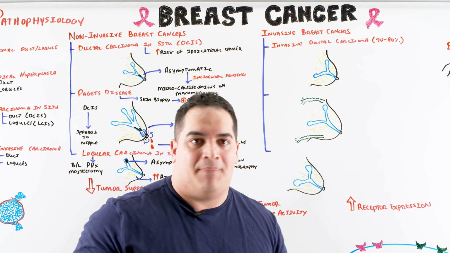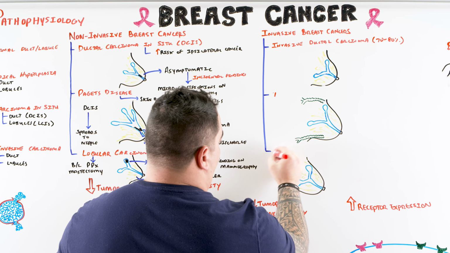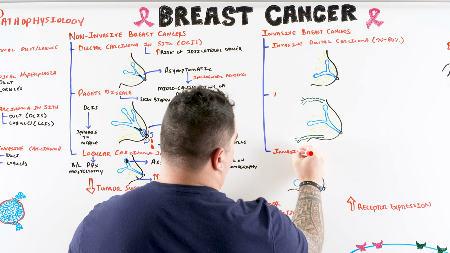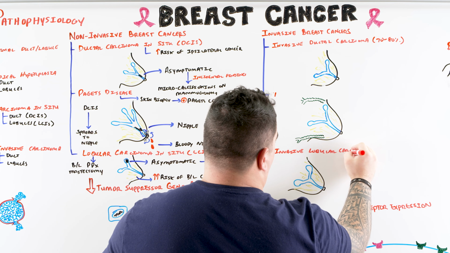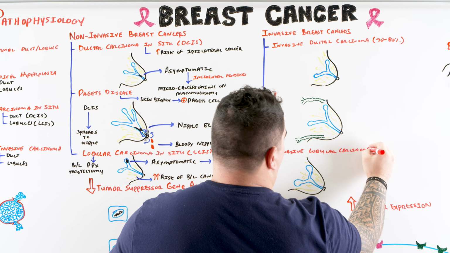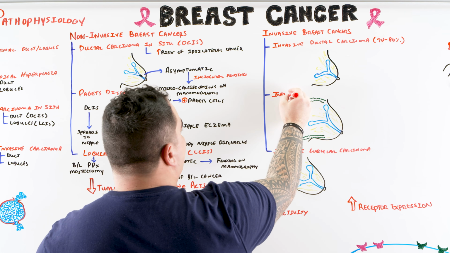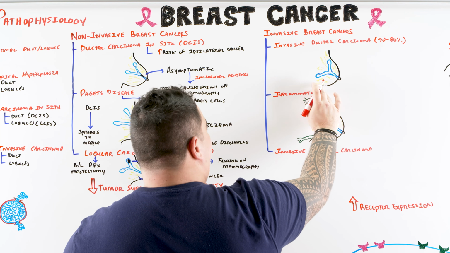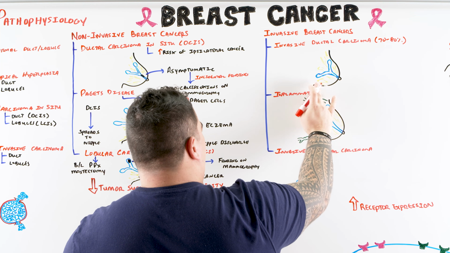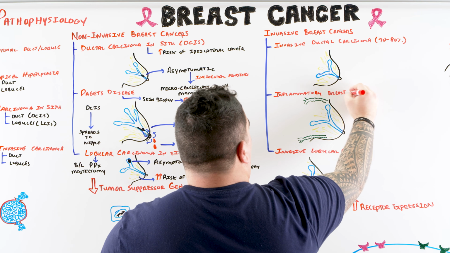That's the most common. Another one is invasive lobular carcinoma, but this one is not very common. We'll talk about one more, and this one is really sad. It's super scary. Usually when patients present, they're already stage 3, getting ready to go to stage 4. And so this is a really important one that I want to talk about.